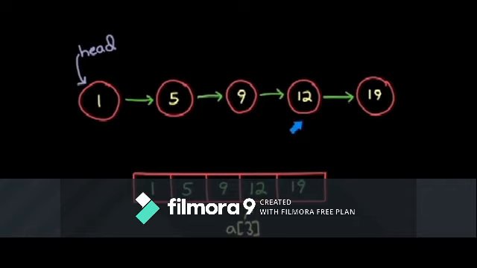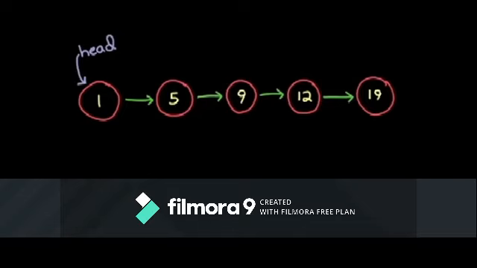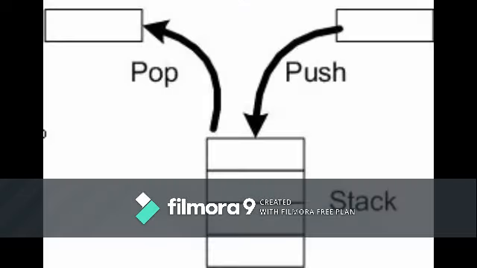To understand it further, I'll give you a few applications of queue like task scheduling, call center, printing documents or pictures, etc. There are two implementations of queue, the array implementation and the linked list implementation.